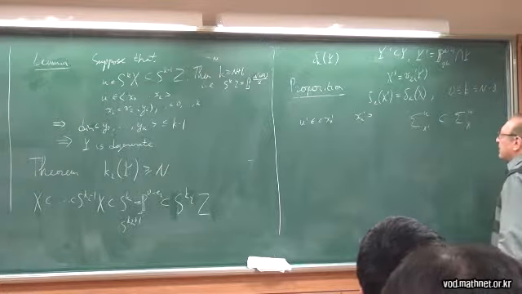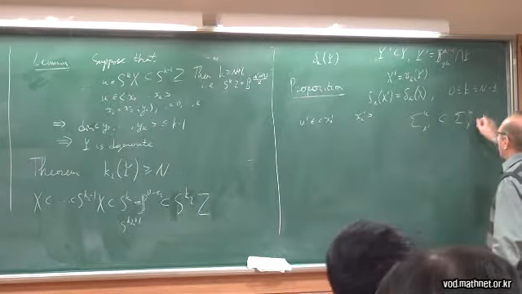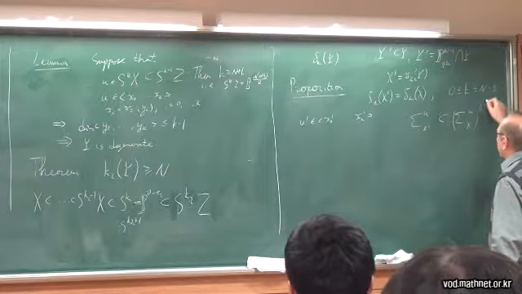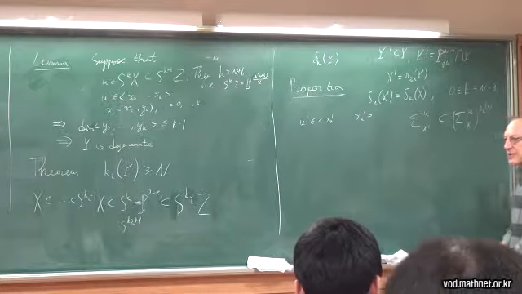And we know that the dimension of this is delta k of x, by definition, in the general case.